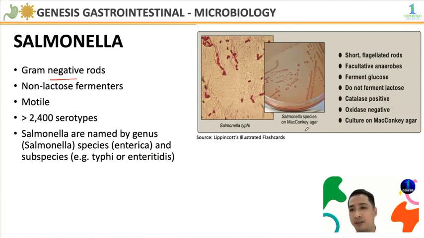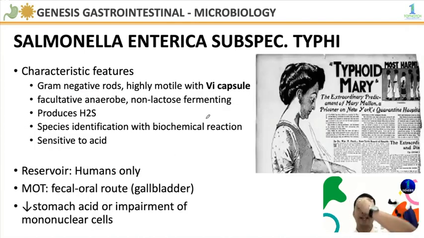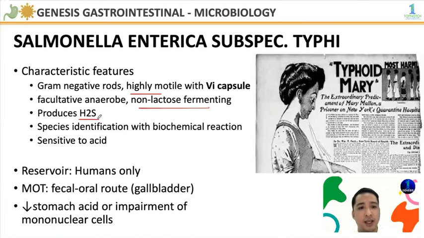Just take note, this figure is lifted from Lippincott's Illustrated Flashcards for Salmonella. Whenever presented with a microorganism, you have to determine the characteristic features. This is highly motile, unlike your Shigella. This is a non-lactose fermenter and it produces H2S.